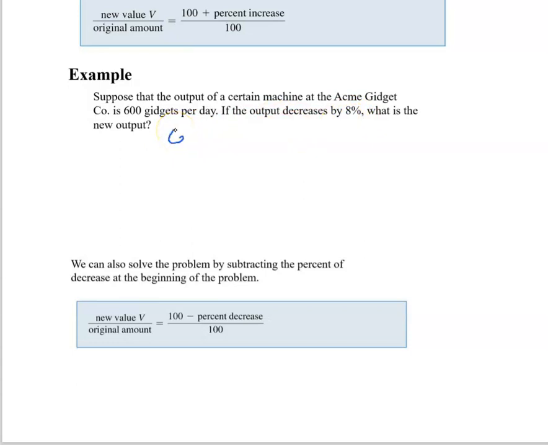The way that they work that last problem is if we're starting out with 600, that would be our total. We're looking for what our percent decrease would be, and it says that the output decreases by 8%.